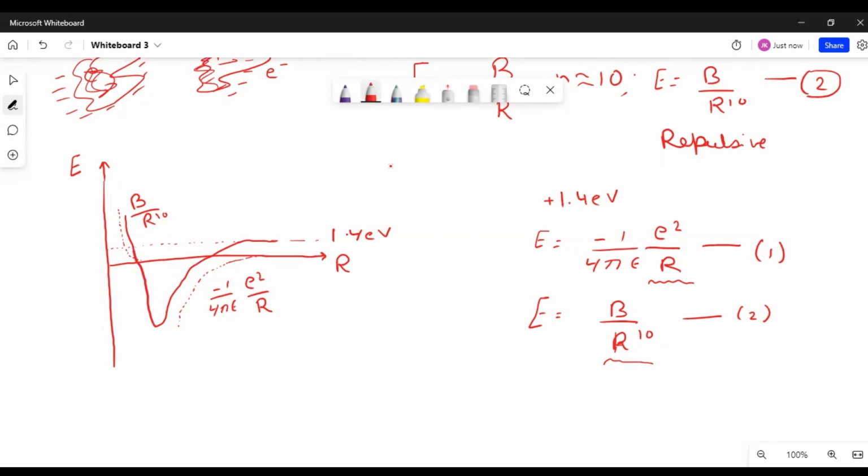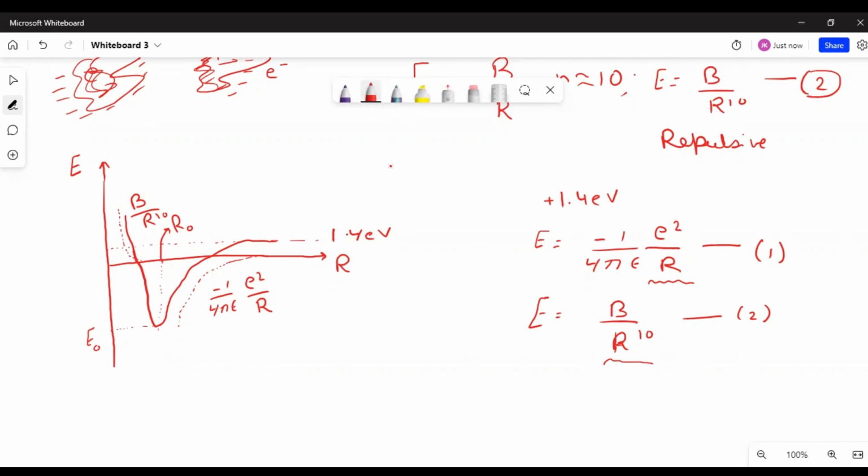When the energy is most negative, it is E naught, and the corresponding distance is R naught. This is the equilibrium distance where the attractive force and repulsive force are balancing each other, so it is the equilibrium distance between these two atoms.